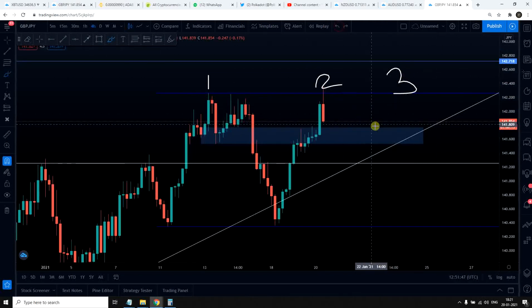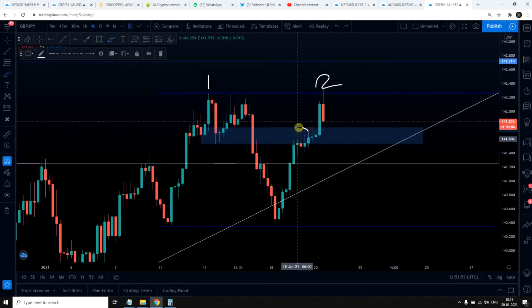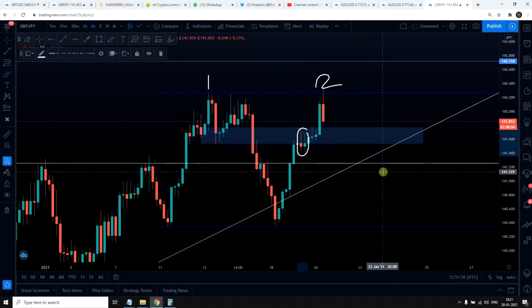So as you can see, this is the perfect area to enter in this trade. We can find out this irrelevant candle once again.